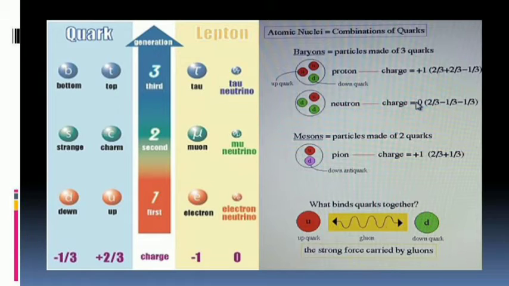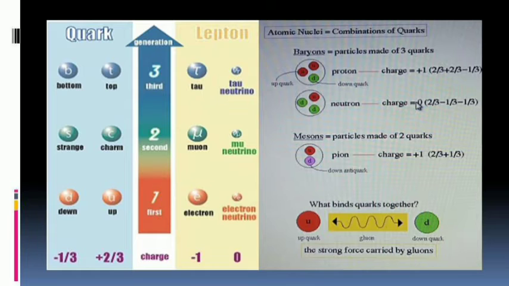Then there are quarks: down and up, strange and charm, and bottom and top. So these are the three different generations of quarks. Each down quark has -1/3 charge, and each up quark has +2/3 charge, and they collectively make the proton.